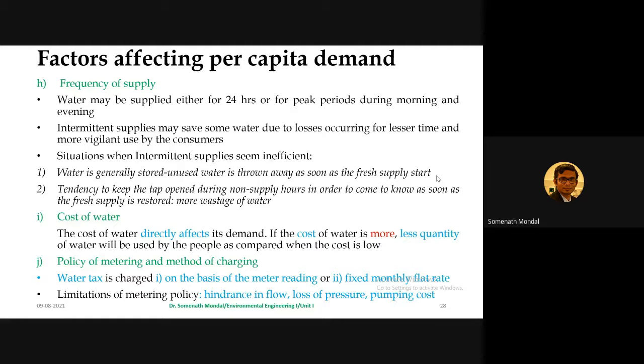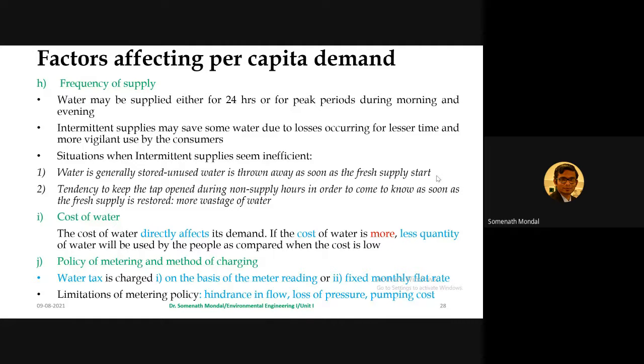On the other hand, people have a general tendency to keep the taps open during non-supply hours so that they can understand when the water supply is again resumed or restored.